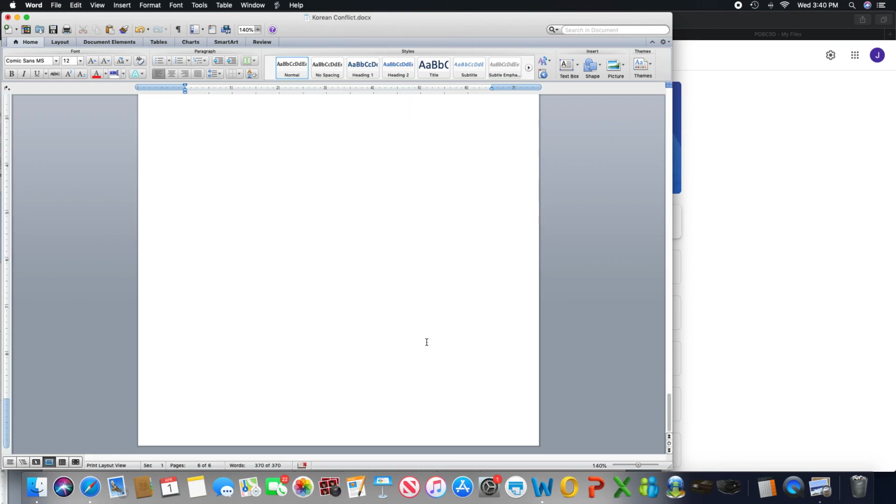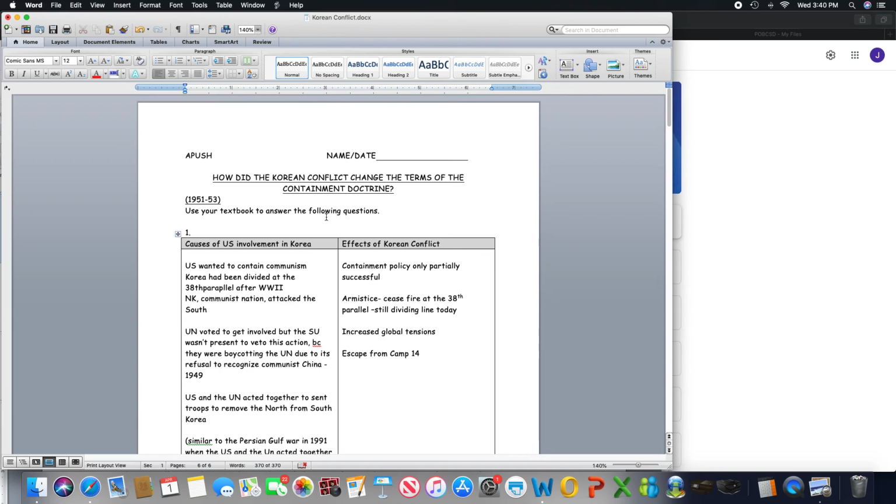Okay, so now let's go back to our aim. How did the Korean conflict change the terms of the containment doctrine? Well, up to this point in history, we see the containment doctrine including the Truman Doctrine, sending military aid and economic aid to Greece and Turkey. We saw the Marshall Plan, where we were going to send money to Western Europe to help rebuild it.